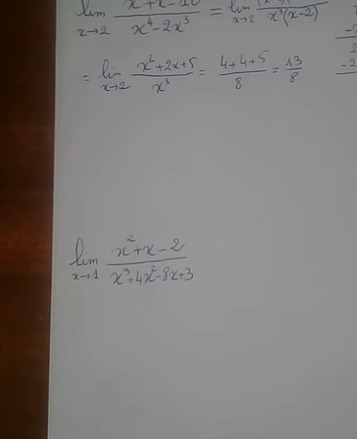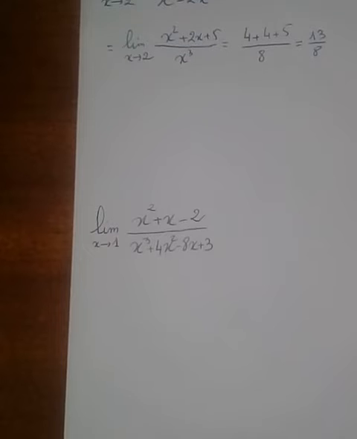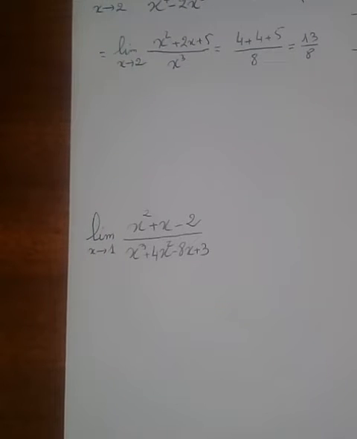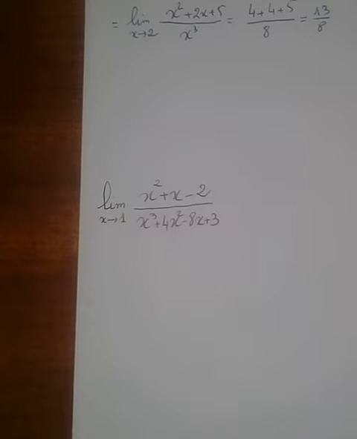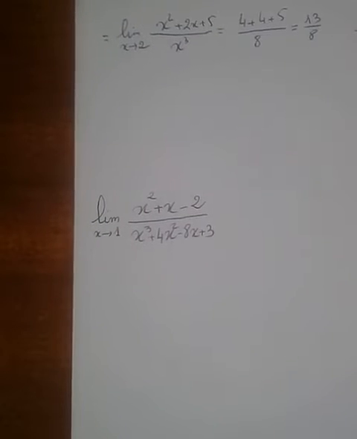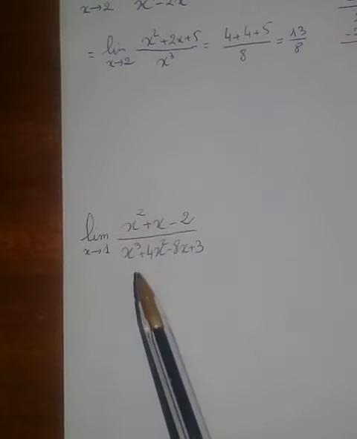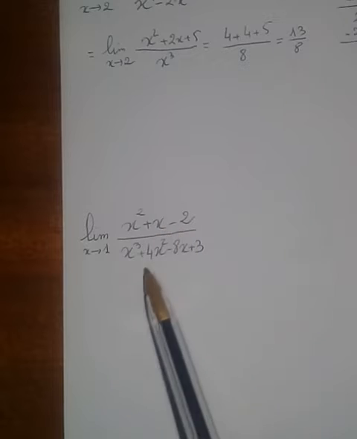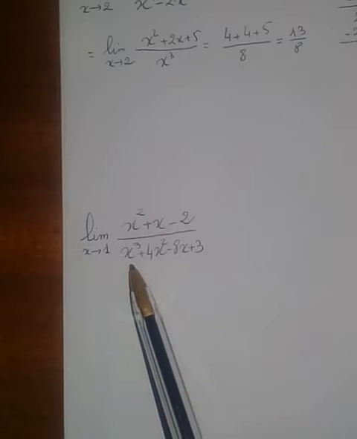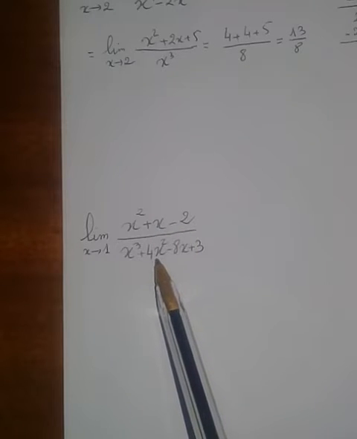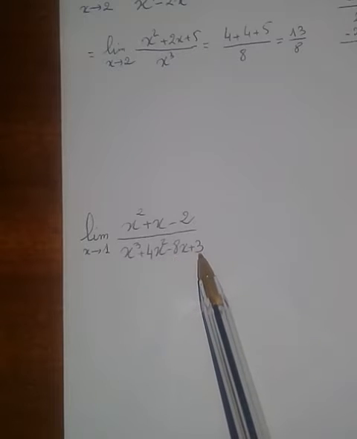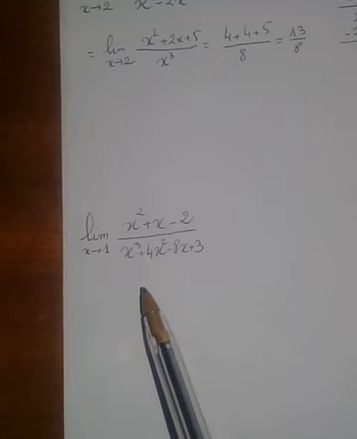The second limit, I'm going to go also with the long division of polynomials. If I plug in 1, I've got 1 plus 1 minus 2 is 0 over 1 plus 4, 5 plus 3 is 8 minus 8 is 0.